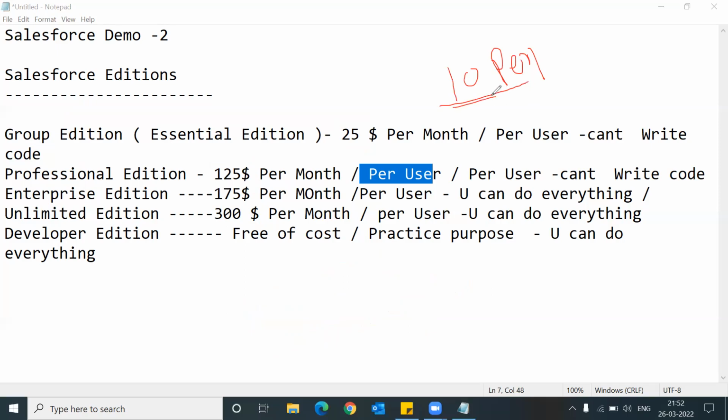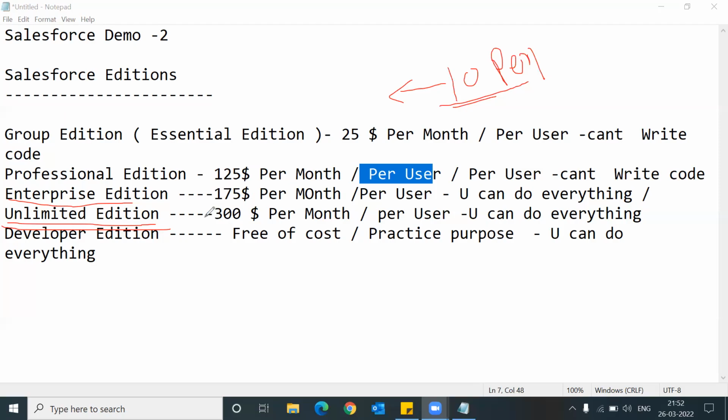You are planning to take a Salesforce license. You connect with Salesforce, and Salesforce says, okay, yes, you can take it. If I have only one edition, only unlimited or only enterprise, then Salesforce will say, no problem, just take the unlimited edition or enterprise edition, and give this amount.